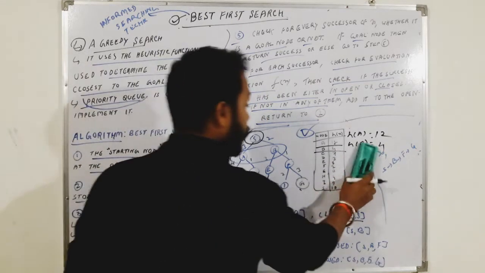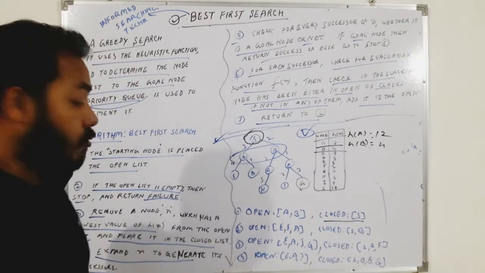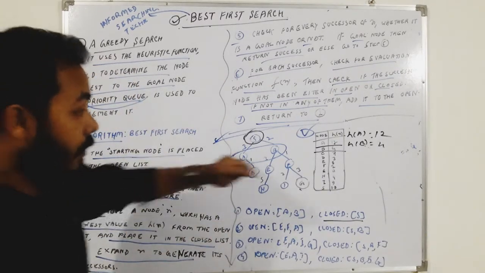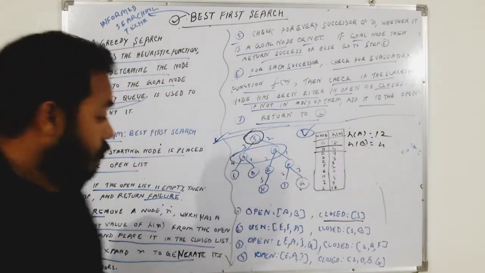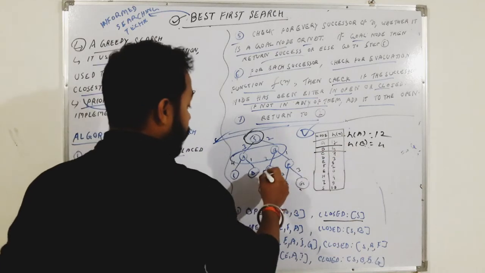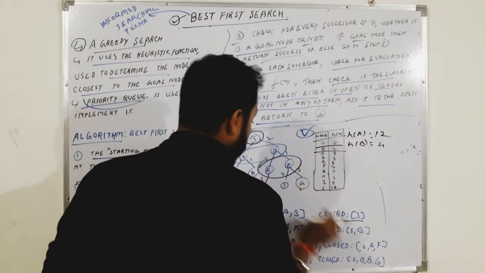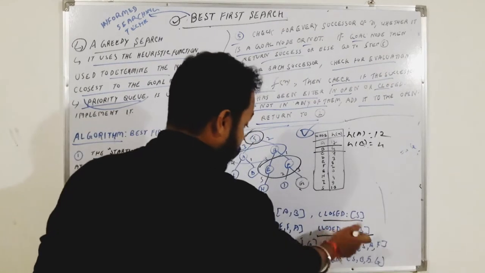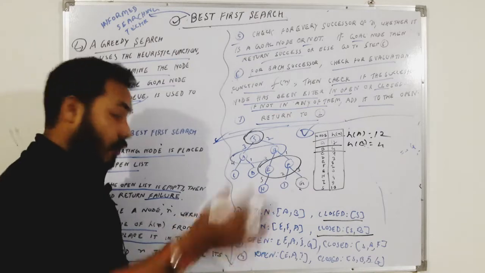So which node we have to select? We have to select B here. Why? Because B's value is less. So B will be evaluated, means its successors will be generated, and B will be put in the closed list. Already we have S, now B is put, so we have S, B in the closed list.